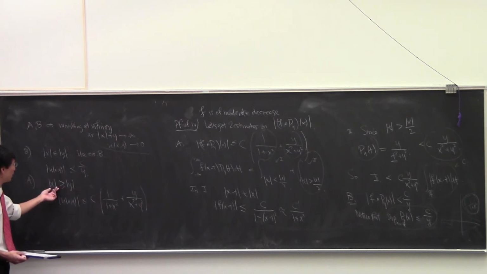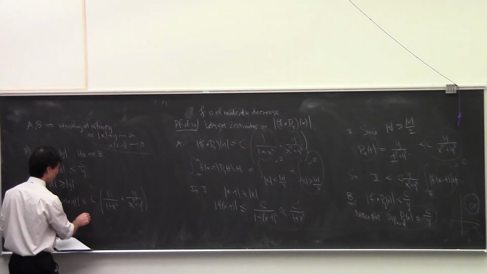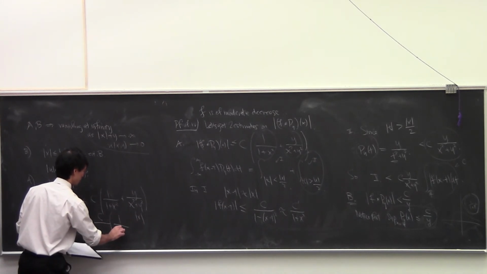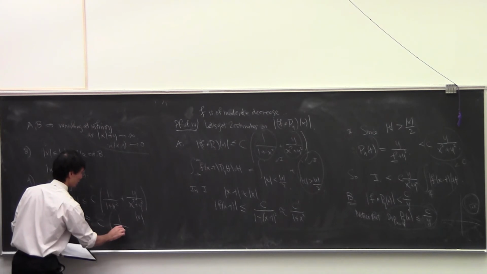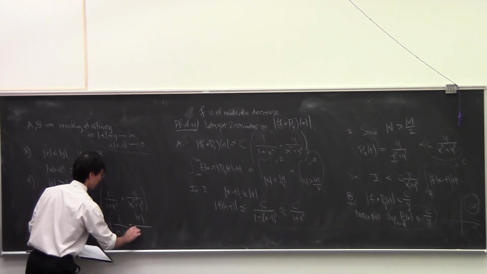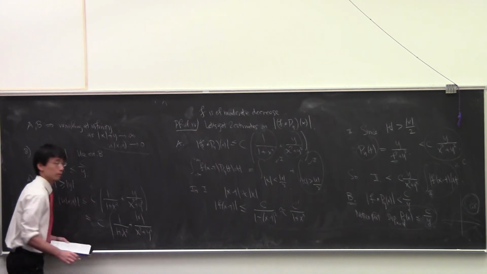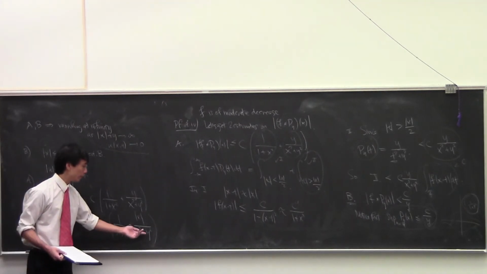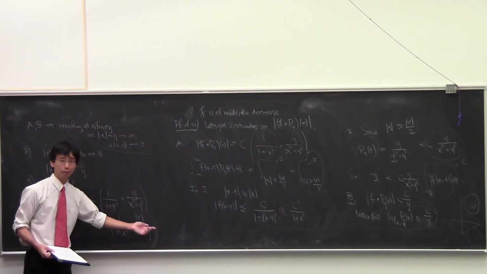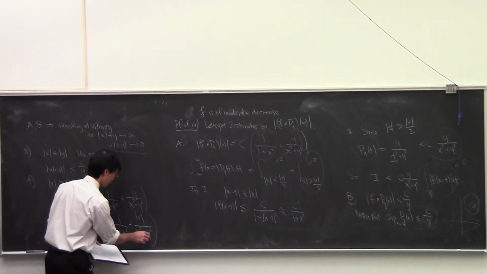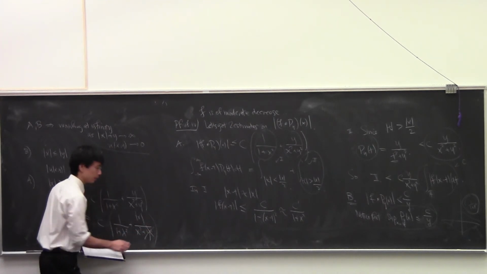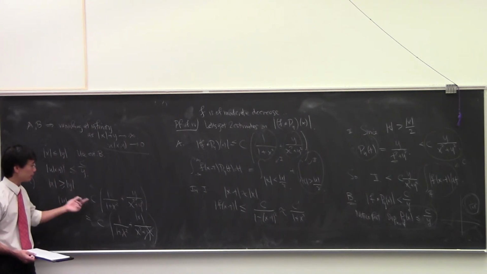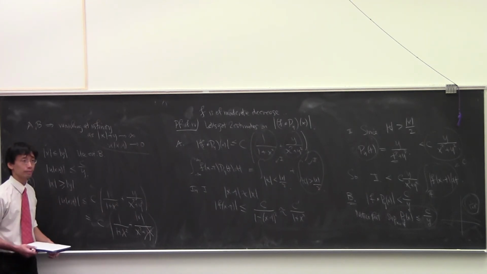But y is smaller than x, so we can replace this thing by x. We make it even bigger by throwing the y away, right? So you can just get rid of that, and it becomes bigger. And then as x goes to infinity, this goes to 0.